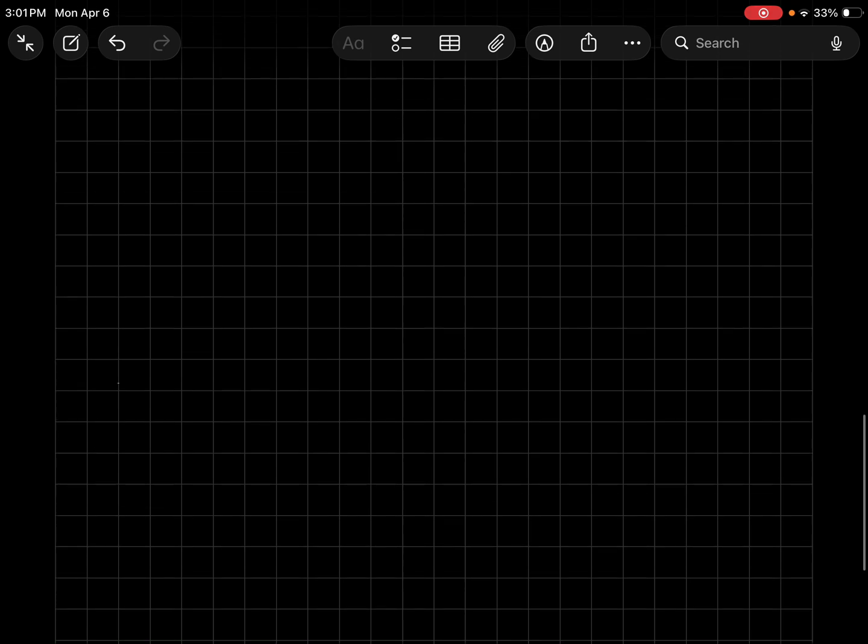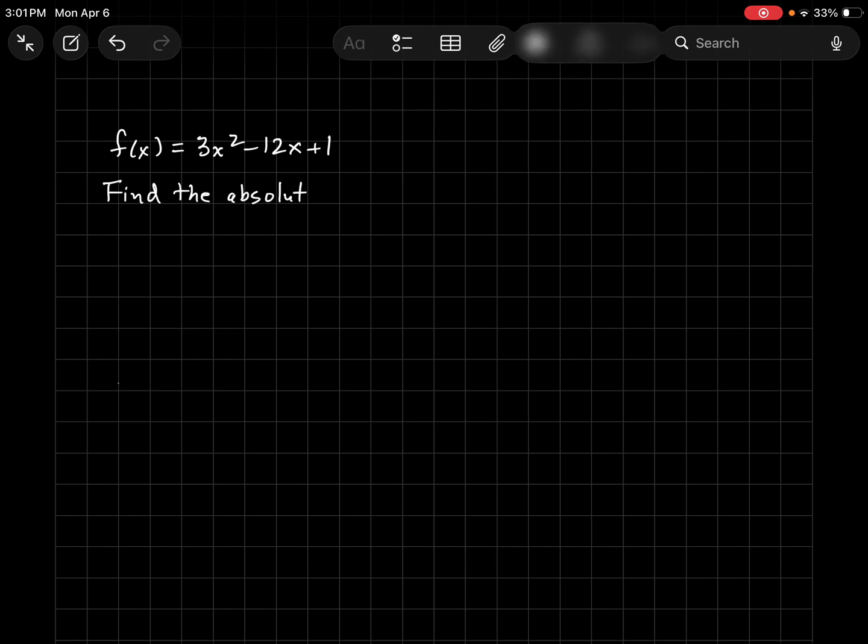So let's consider the function f of x equals 3x squared minus 12x plus 1. And we want to find the extreme values. That is, we want to find the absolute max and absolute min values.